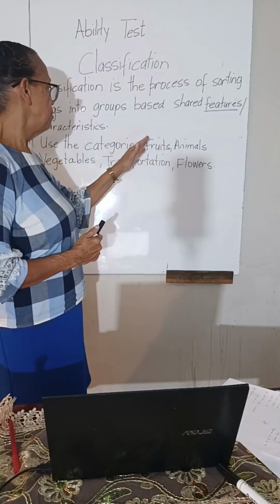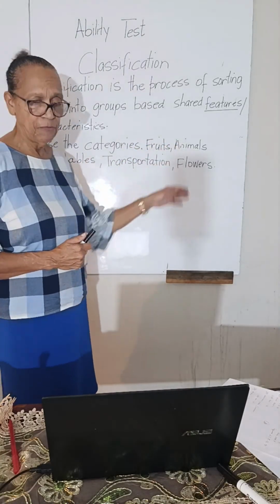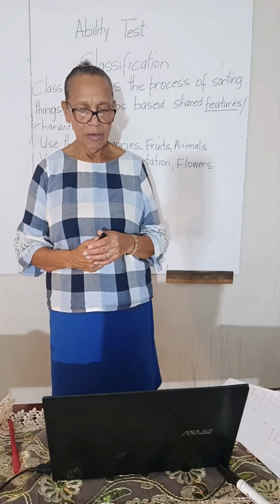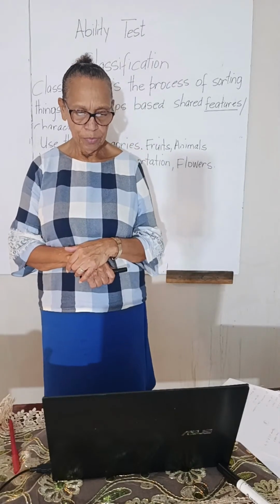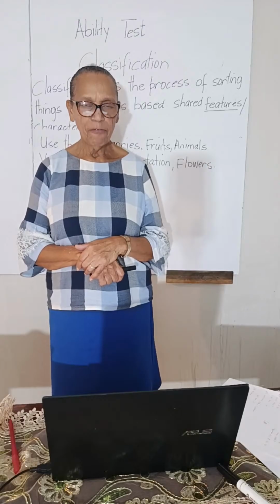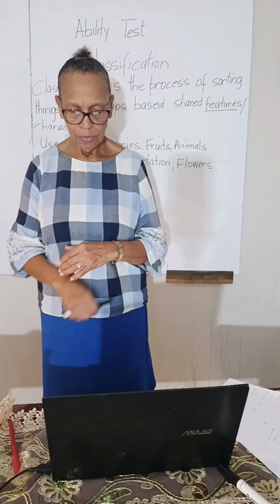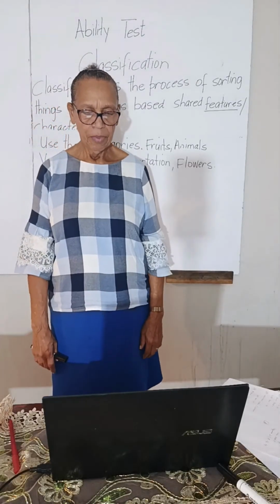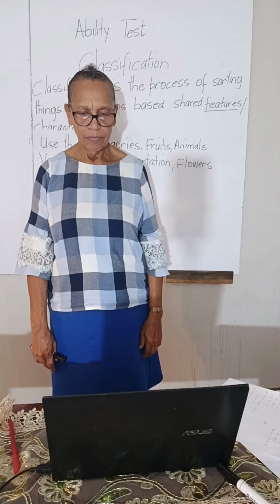The answer can be fruits, animals, vegetables, transportation, and flowers. All right. Number 3, a carrot is a dash. Number 4, a rose is a dash. Number 5, a train is a form of.